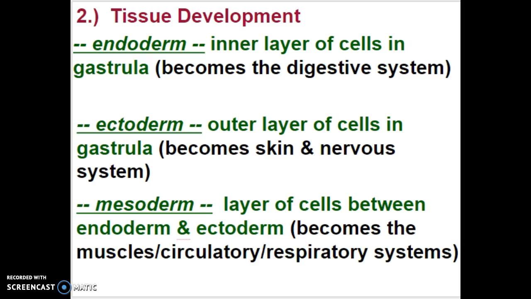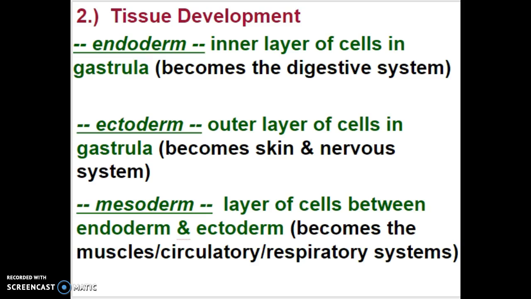So the endoderm of the gastrula becomes the inner layer of cells. Eventually, the endoderm tissue cells will become parts of the digestive system. The ectoderm is the outer layer of cells in that gastrula, and those cells will eventually be assigned to be part of the integumentary or skin system or the nervous system.